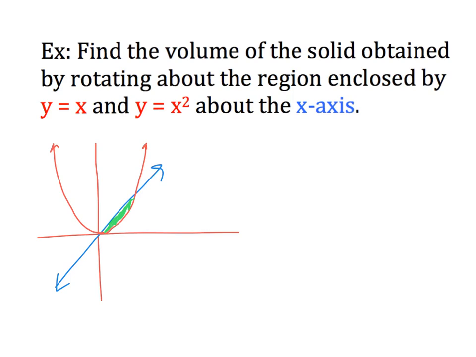Where they intersect would be from 0 to this point here, and if you think about it mentally, that's going to be at positive 1 there. So the bounds end up being 0 to 1, so we know that. In this case, when we rotate about the x-axis, you're going to notice there's going to be some kind of a hollow part inside.